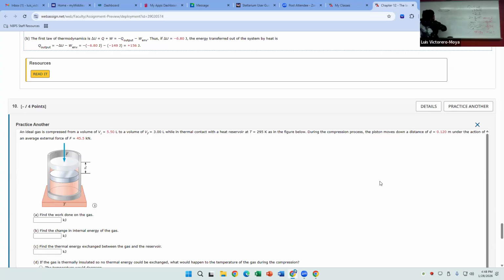So you're going to do work on the gas. So the work is going to be negative. The distance is .12. The force is 45.5 kilonewtons. Be careful with that.